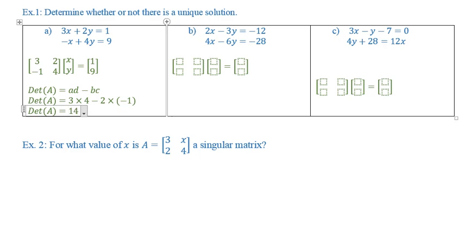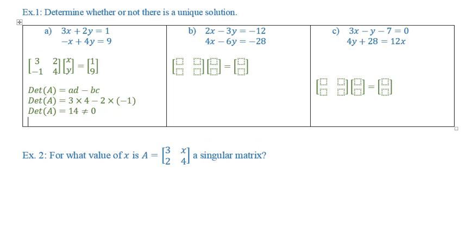Happy camper, 14 is not 0, so there is a unique solution. As simple as that. Find the determinant. Is it 0? Yes or no? If it is 0, no unique solution. If it's not, you've got a unique solution, but it doesn't actually ask you to find it here.